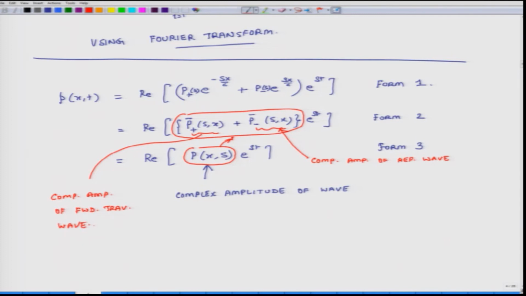Now, these hold for all positions and all frequencies; these are the complex amplitudes. Okay.